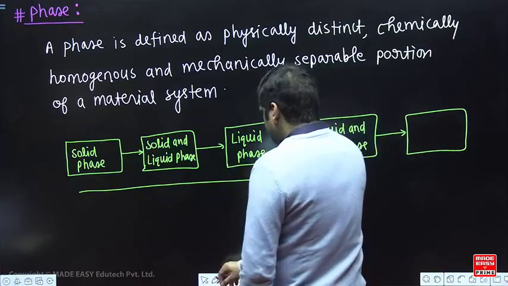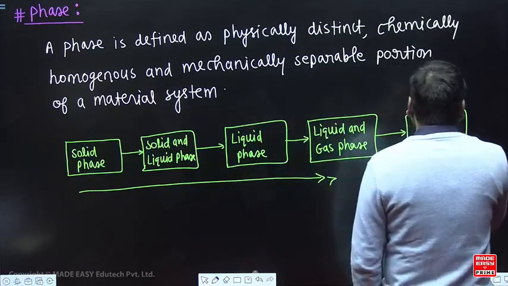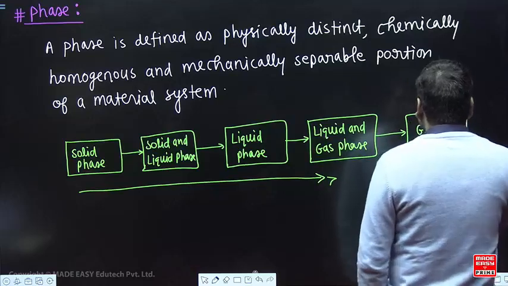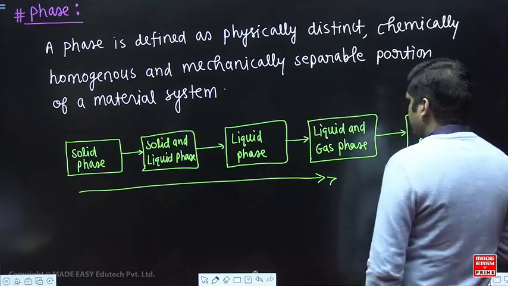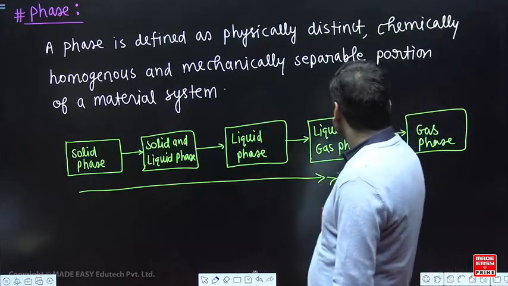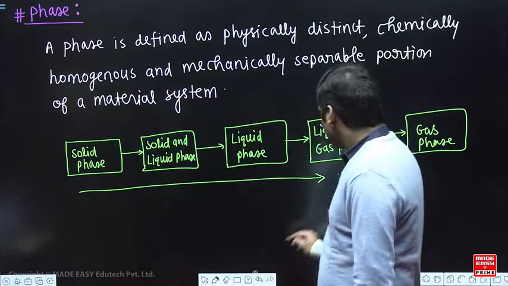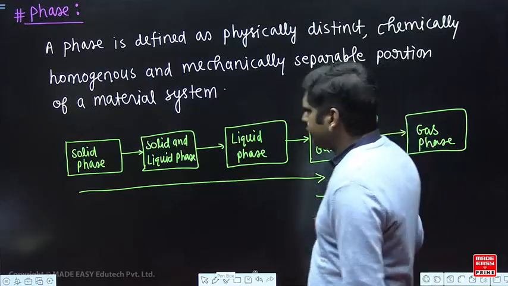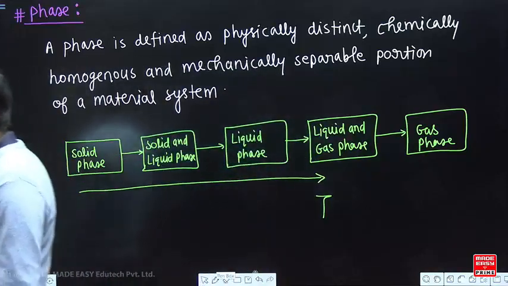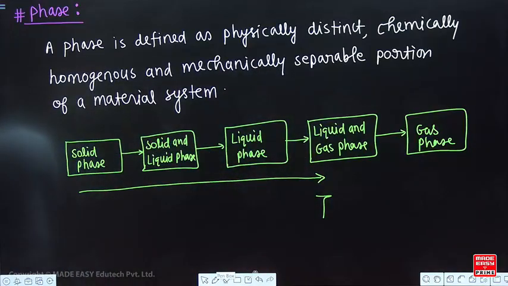Although all the materials cannot have all these phases, this is the maximum possibility a material system can have. Please note down it quickly.